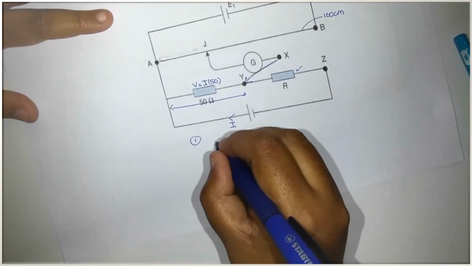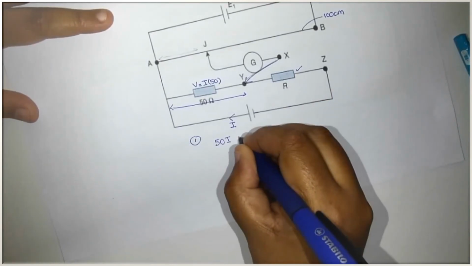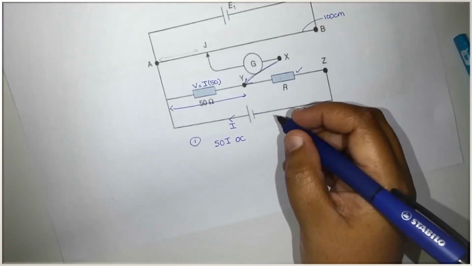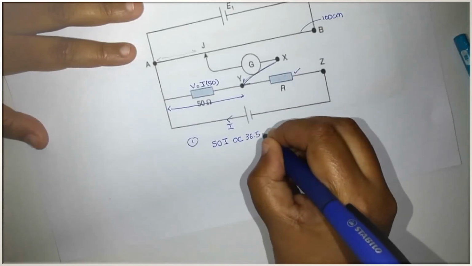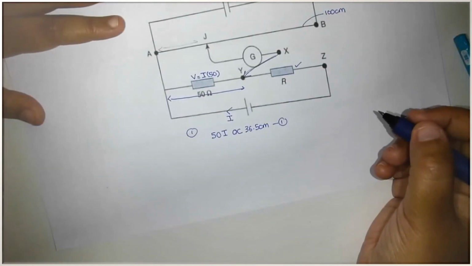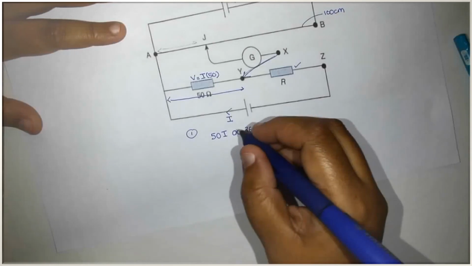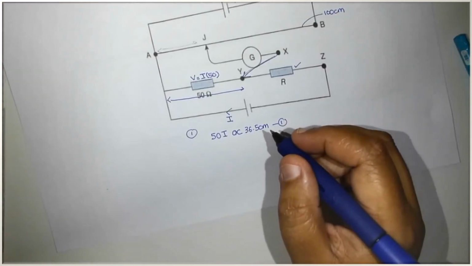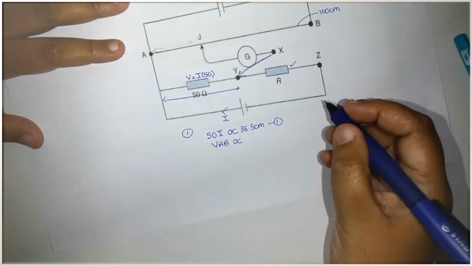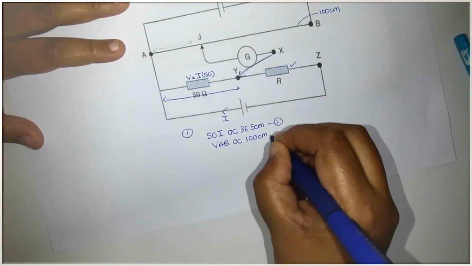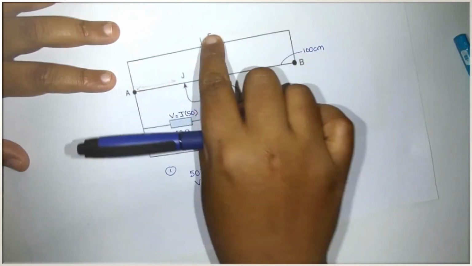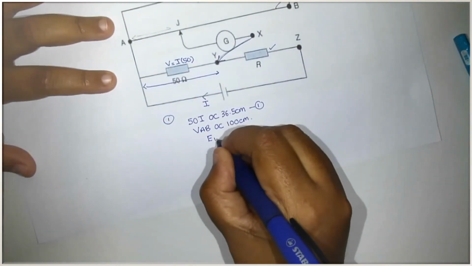So I can say that 50I is directly proportional to length AJ, which is 36.5 cm. Number 1. I can also say that, is there a resistance? There's no resistance. I can also say that VAB is directly proportional to 100 cm. Since there is no resistance here, E1 is also equal to VAB.